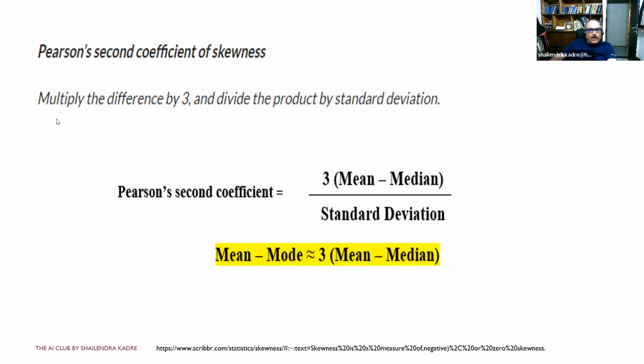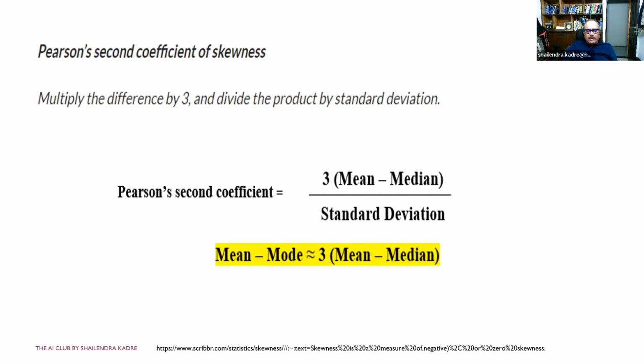Now let us see one more formula, before that I want to introduce. Generally, when your data is skewed, your mean, mode, and median are not equal. So whatever I have highlighted in yellow, you should remember this formula. How it is derived, we are not getting into detail, but you should remember. If you take the difference between mean and mode, it is approximately 3 times the mean minus median.